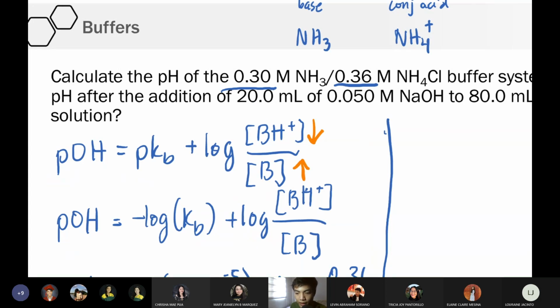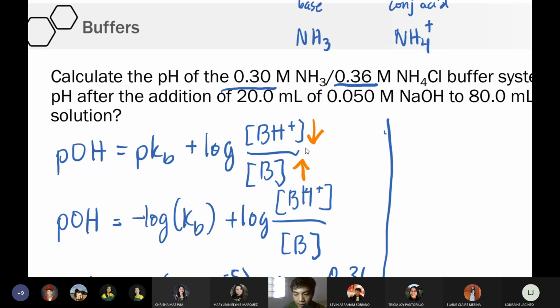Okay? So again, ano nangyari? Pag naglagay tayo ng base sa solution natin, the concentration of your base will increase while the concentration of your conjugate acid will decrease. Paano naman?